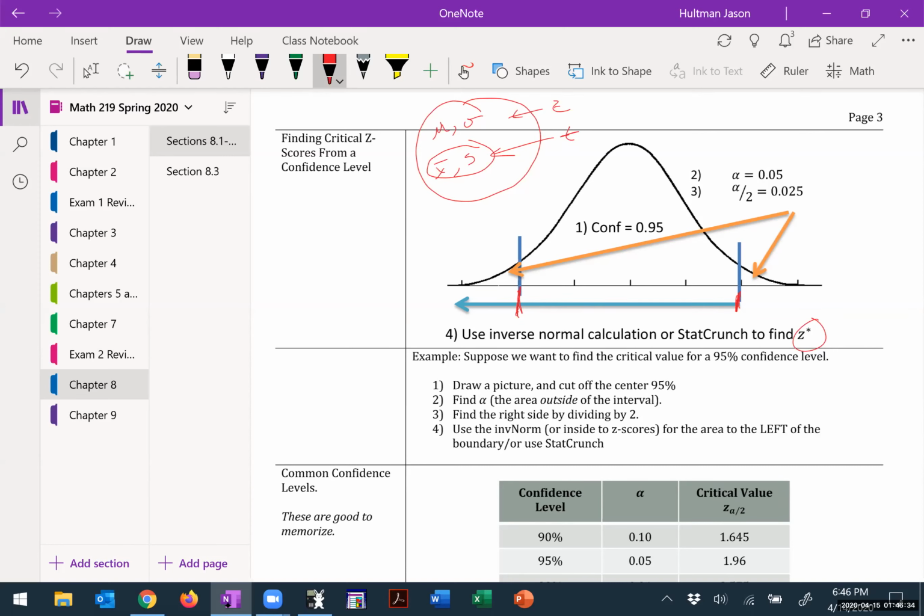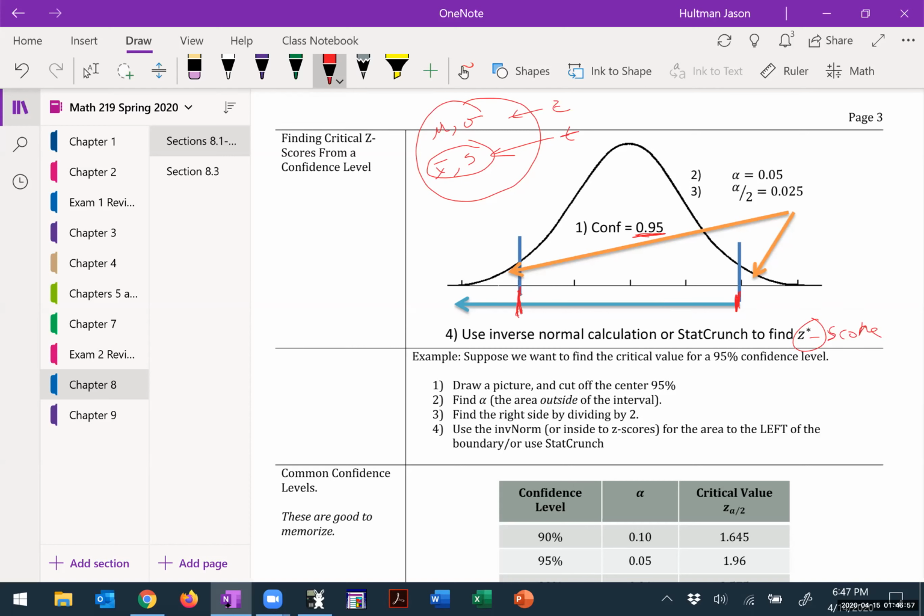Okay, so going back to where are my z-scores? Those are my z-stars. Where are my z-scores for my confidence interval? For a 95% confidence interval, what would be my limits here, right?